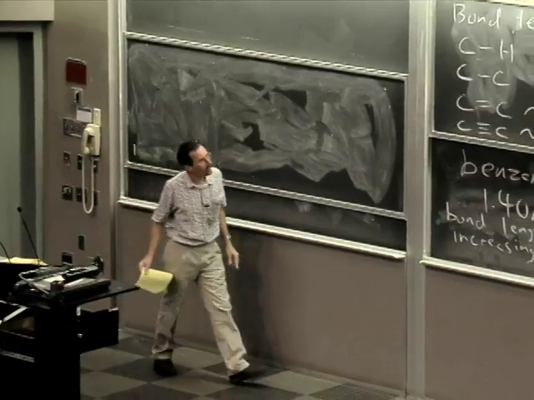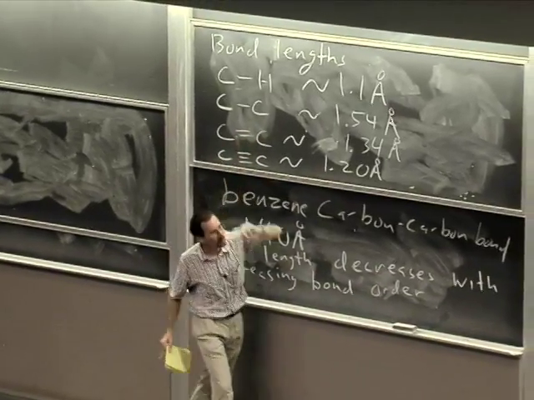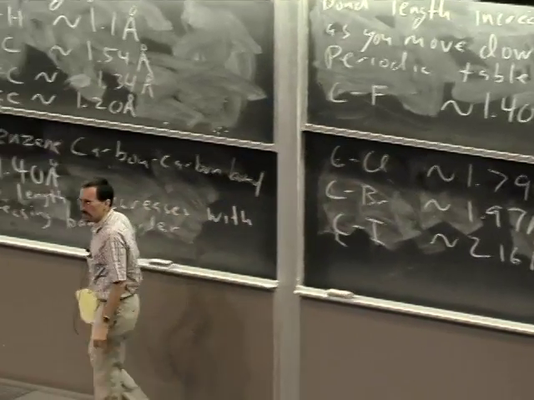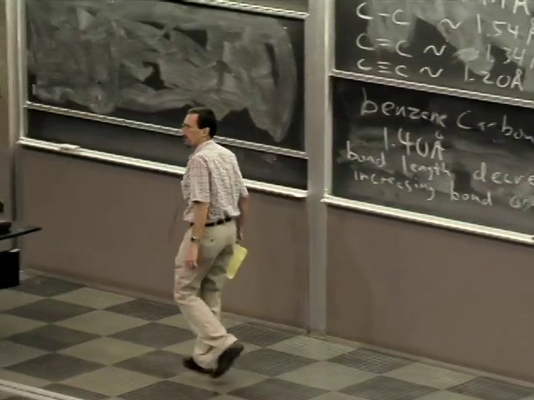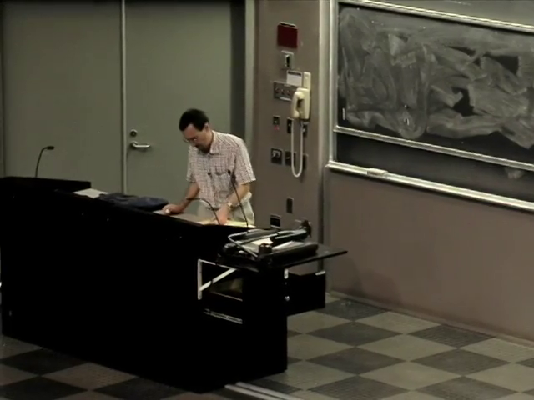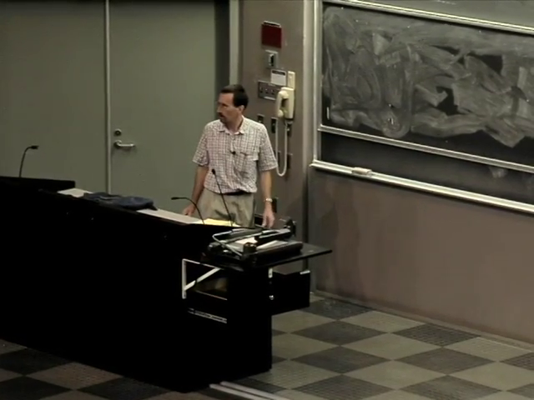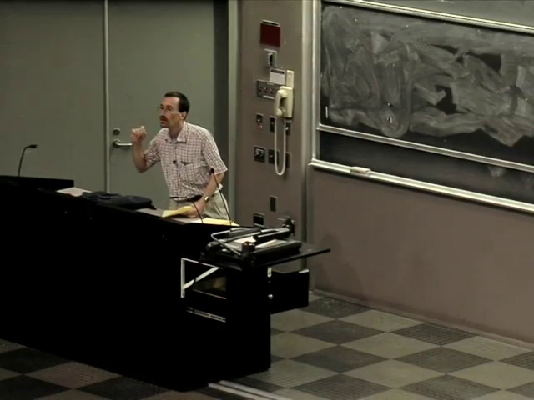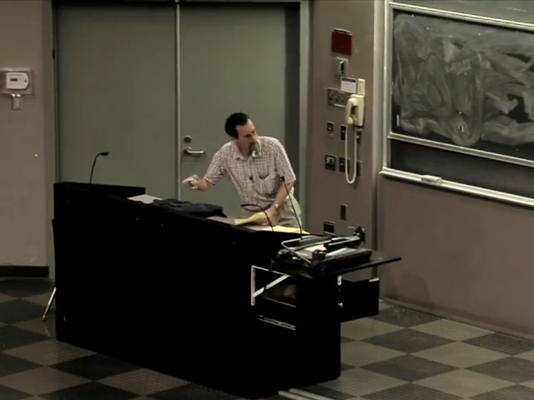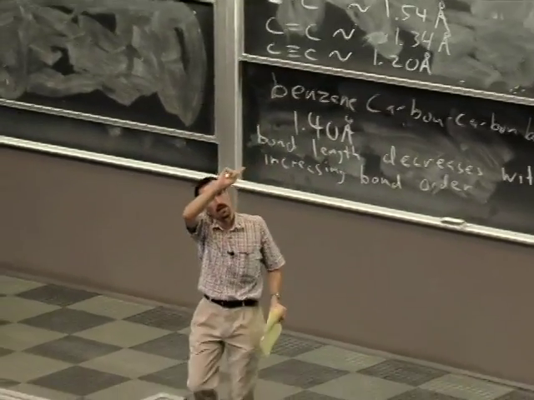If you look at the length of a carbon-carbon single bond and a carbon-fluorine single bond, you can already see the last trend that I want to mention, and that says as you move across the periodic table, what happens? Bond length decreases. So the carbon-fluorine bond, remember, look at the periodic table.